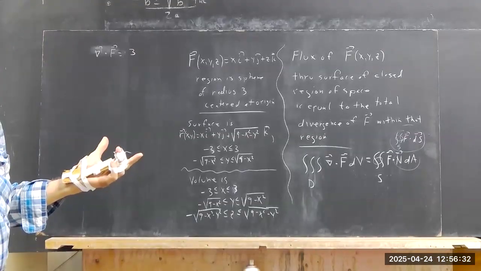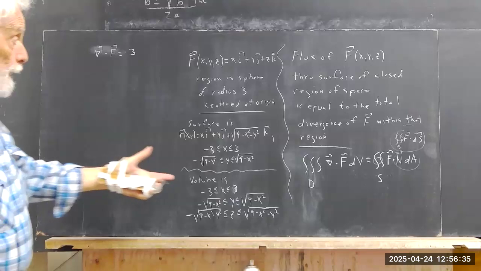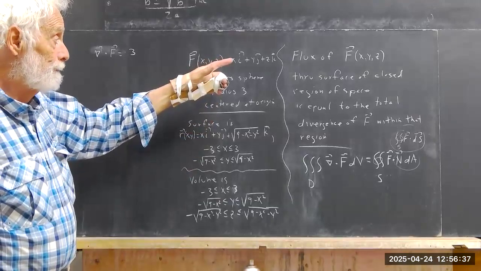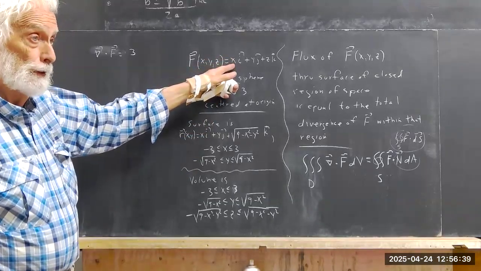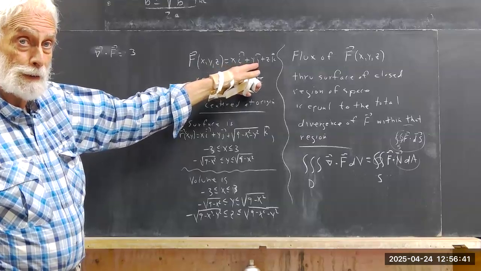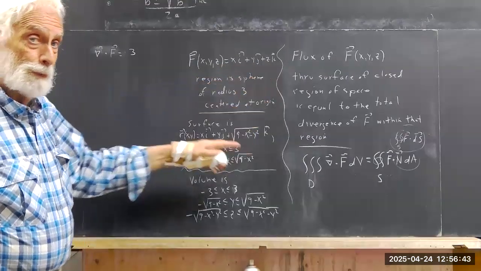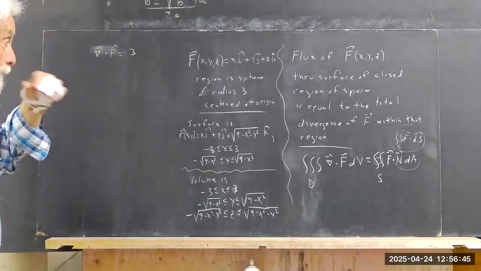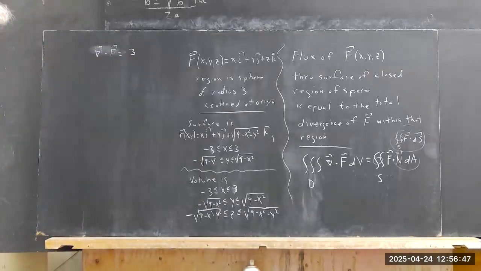See that clearly? Just partial with respect to x, i dotted with this gives you x, partial with respect to y, j. Okay. If you don't instantly see that that's 3, you can work a little more with the divergence.